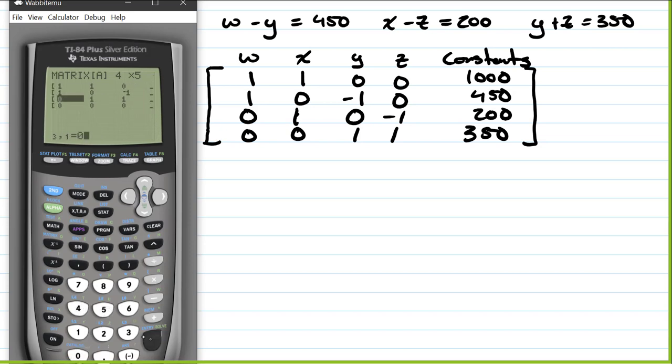I have 0, 1, 0, negative 1, 200, and 0, 0, 1, 1, and 350.